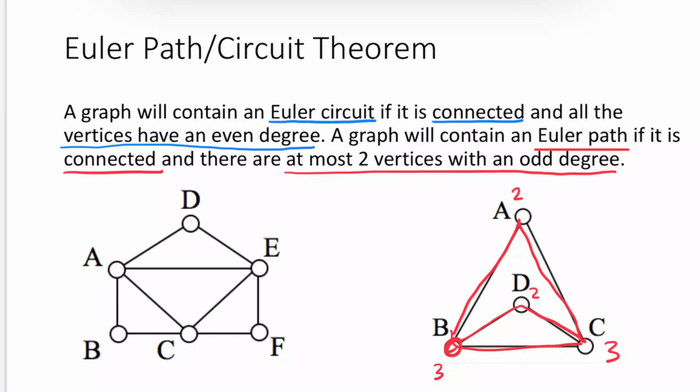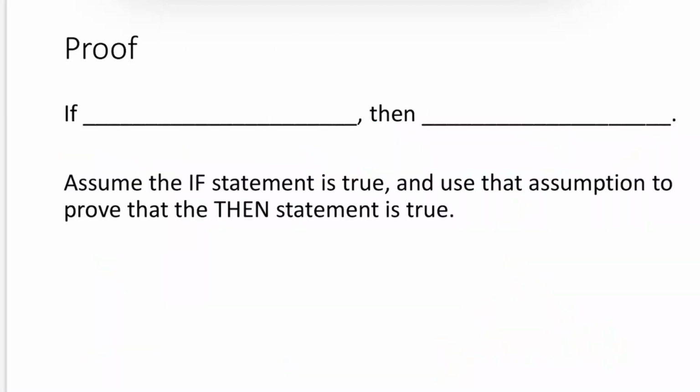So when you write a proof for this, and hopefully you've already finished it if you decided to do the Euler path and circuit theorem project, the way that you write a proof is you basically rephrase the theorem in an if-then statement.